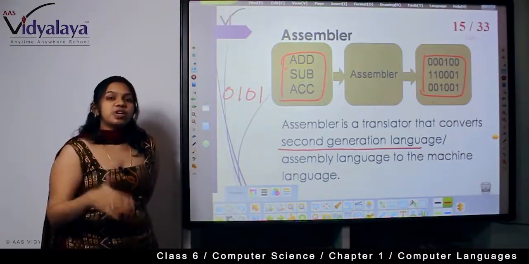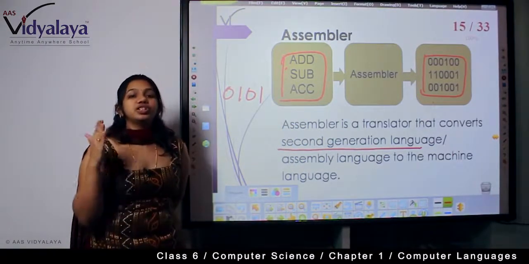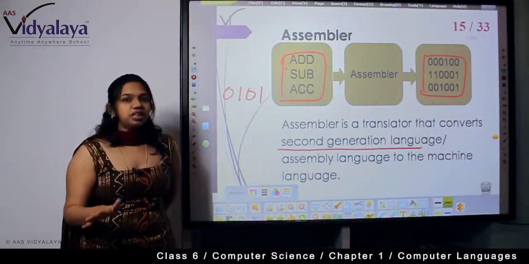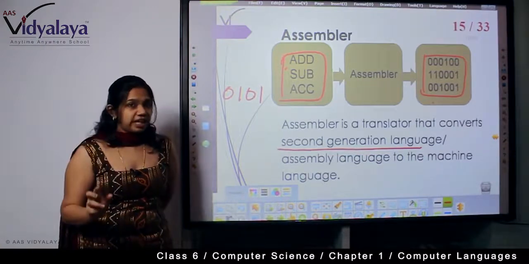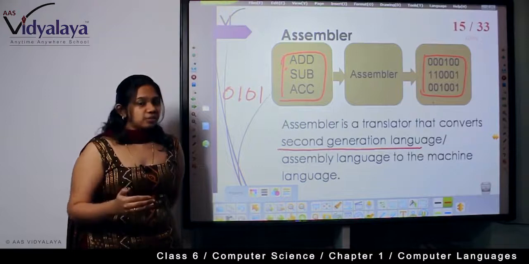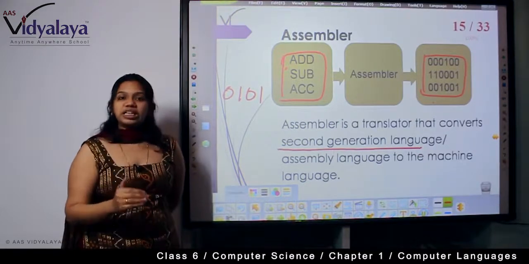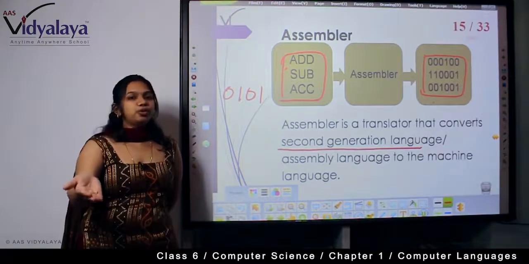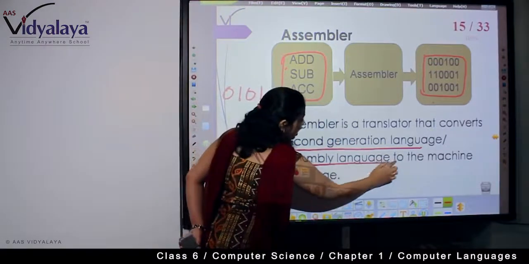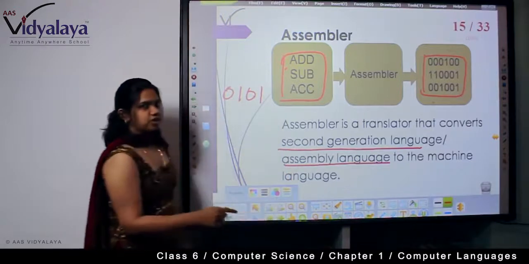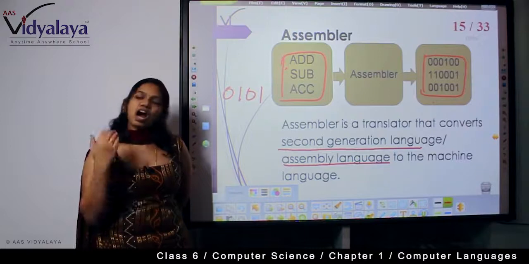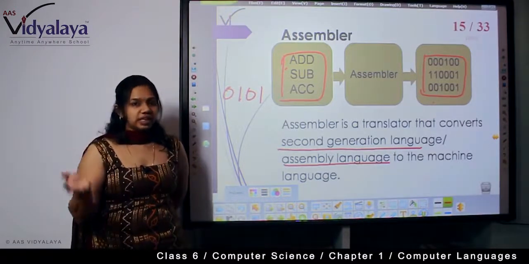Children, this is very specific to the second generation only, because second generation computers are the only computers which use an assembly language or mnemonics like this. So an assembler can be used only for converting a second generation language, or assembly language, to machine language. Is that clear? So that's why we have a translator to make our work and the computer's work easier.